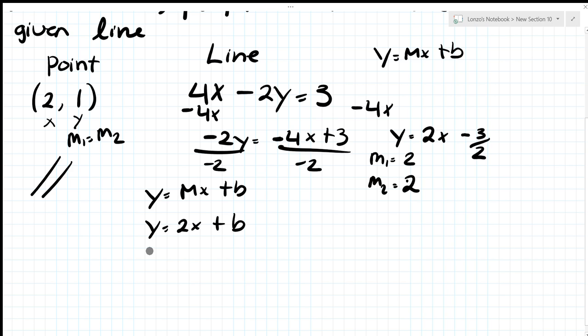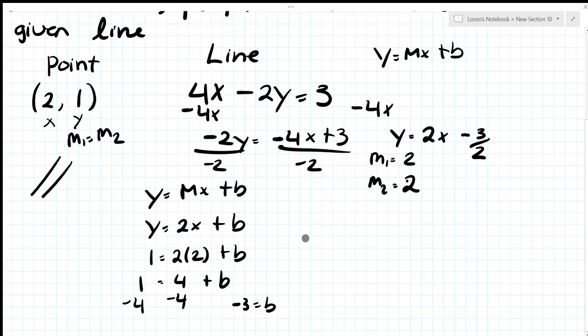So 1 equals 2 times 2 plus b. 2 times 2 is 4, plus b. Then we solve for b, so we subtract 4 from both sides. I get 1 minus 4, which is negative 3, equals b.